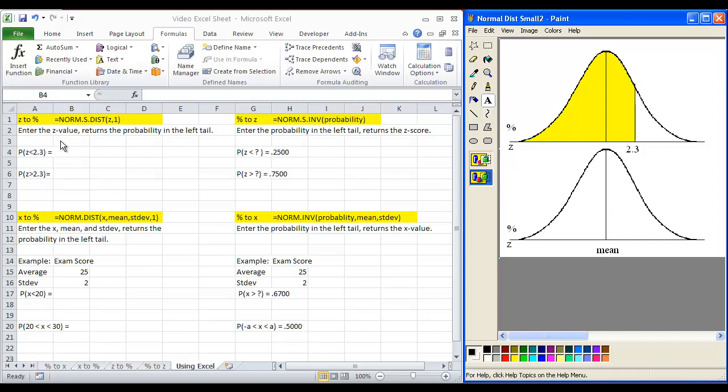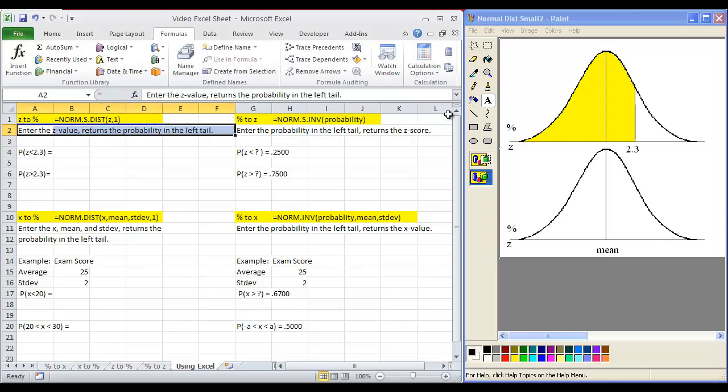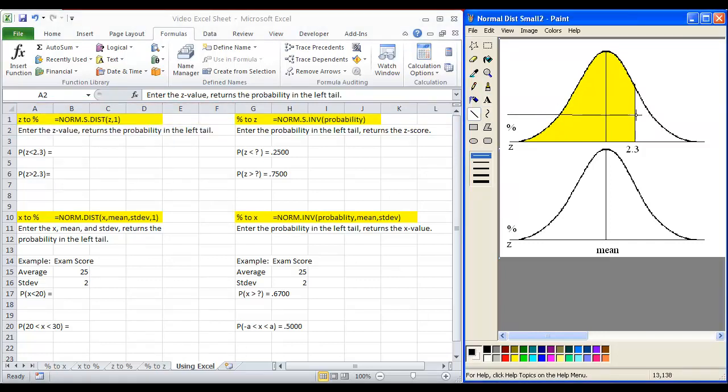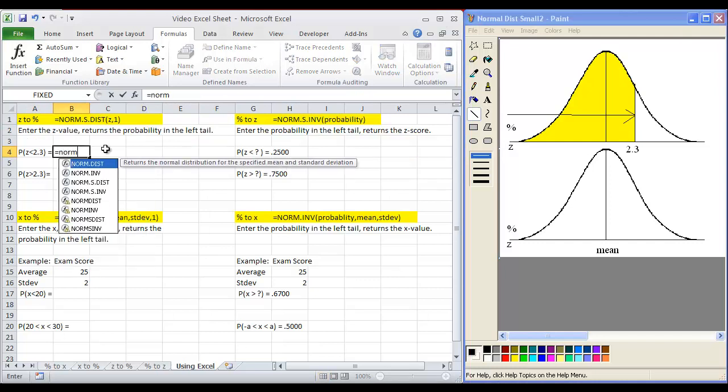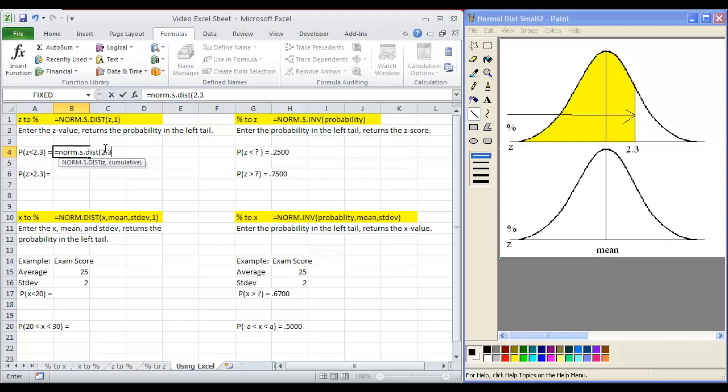The process is you're going to enter the z value, and it's going to return the probability in the left tail. That's exactly what we're after in this one. So let's do that. Equals Norm.S.Dist. My z-score is a 2.3, comma 1.